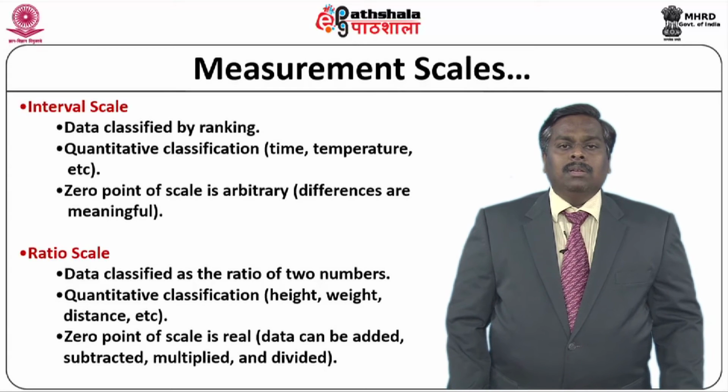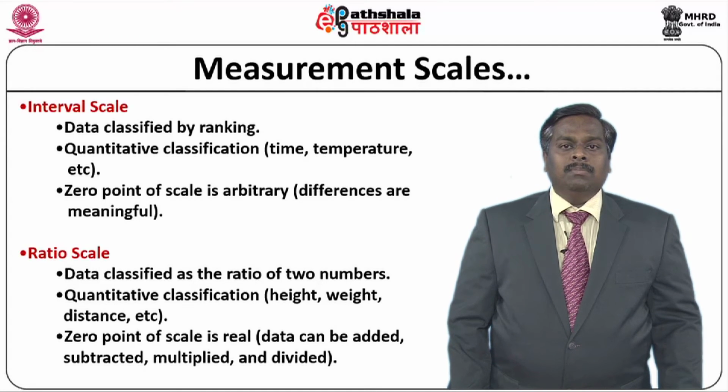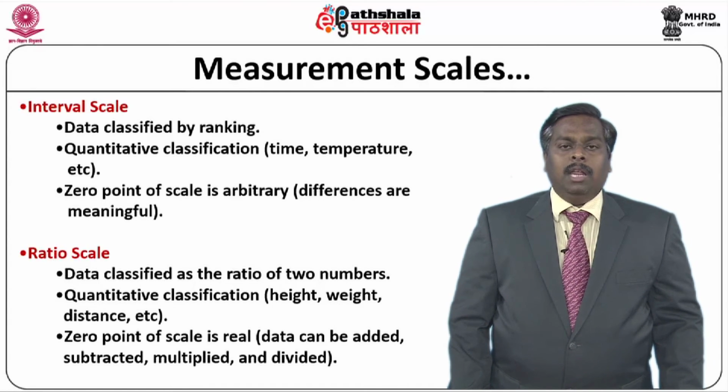In other words, there is some kind of molecular kinetic energy that exists, but we assign a scale or we assign a label called 0. But when we represent the same temperature in Kelvin scale, the 0 value actually has an importance. So, the 0 point of scale is going to be arbitrary in nature when we are dealing with respect to an interval scale. The last type of measurement scale is ratio scale.